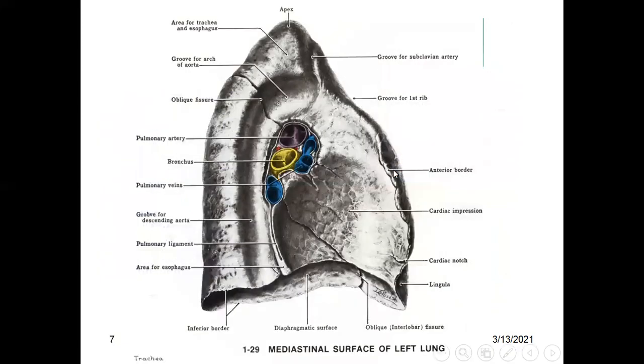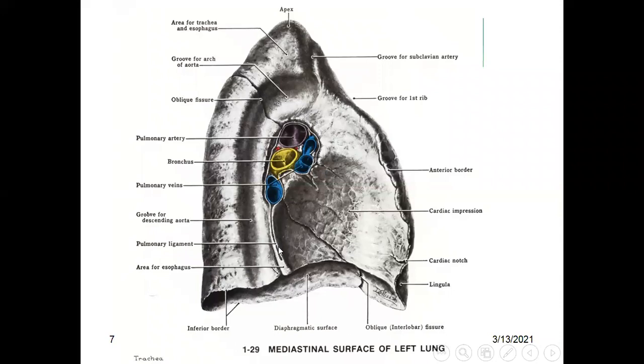If we go to the left lung, similarly, we can see the root or the hilum of the left lung, which consists of a main stem bronchus, and above the bronchus is the pulmonary artery, the left main pulmonary artery, the superior pulmonary vein in front of the bronchus, and the inferior pulmonary vein postero-inferiorly.